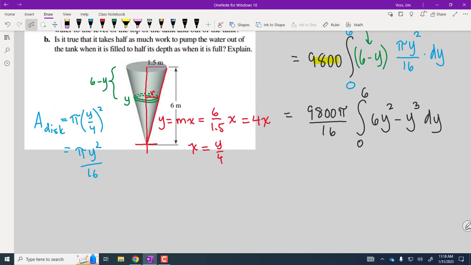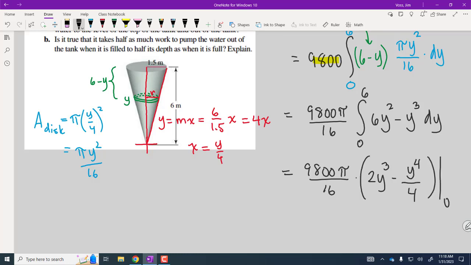Okay, so integration, not too bad. We'll deal with these constants in a moment. So this will be, add 1, we get a 3, so we're going to get 2y cubed minus y to the 4th divided by 4, 0 to 6.